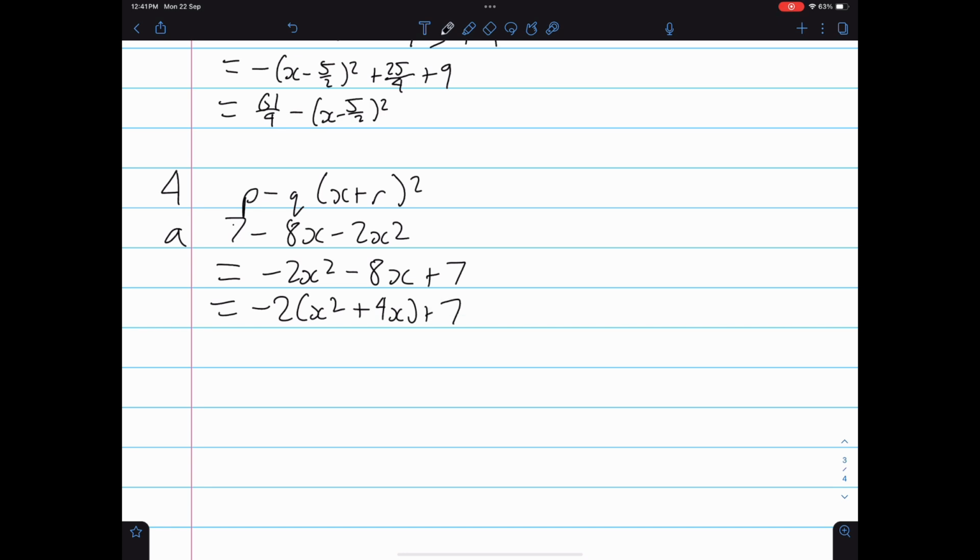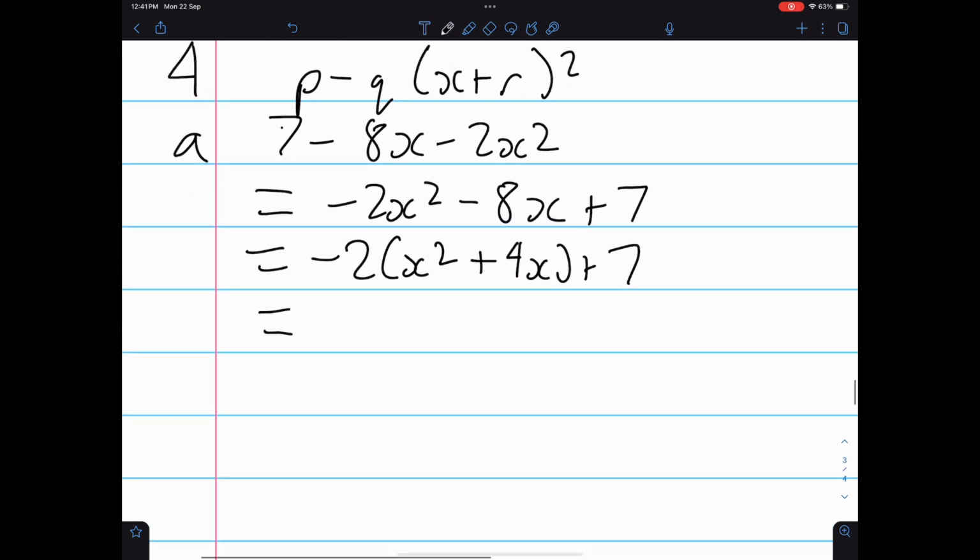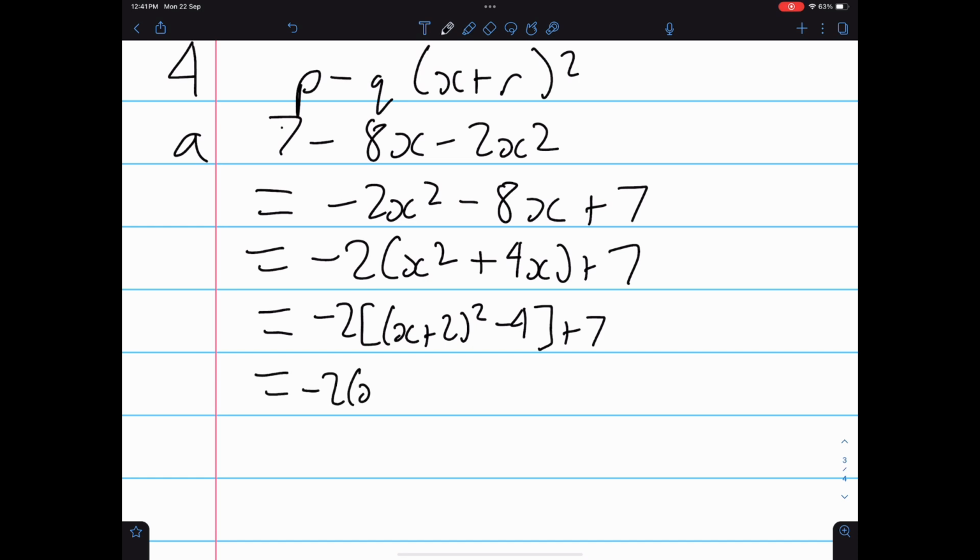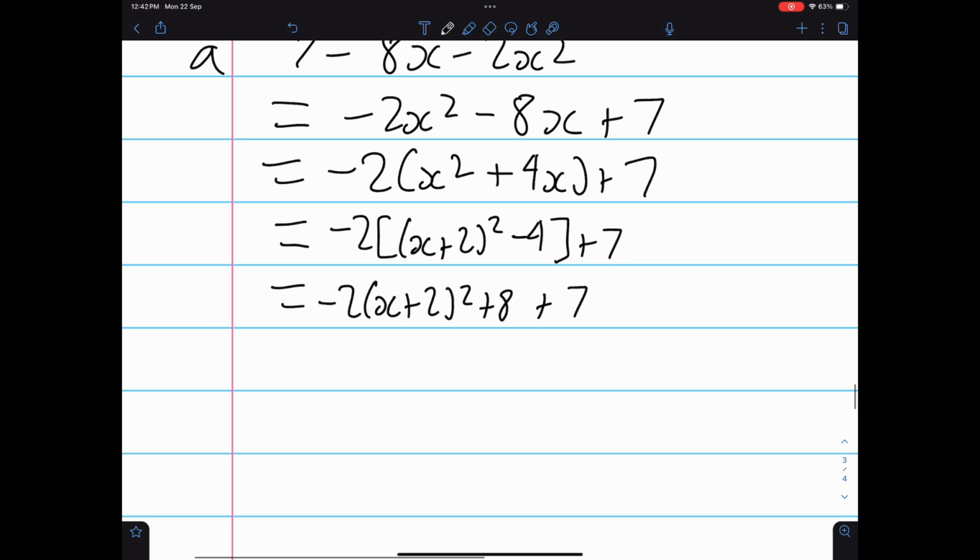Leave the constant out of there. Then you complete the square. And so this will give you, and I'm just going to bring that straight to the front, that 15.